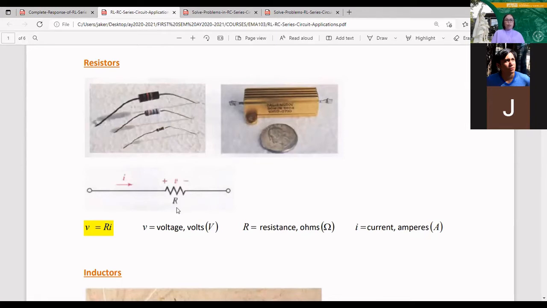There will be a corresponding voltage drop associated with the current passing through it, represented by the product of the resistance of your resistor in ohms and the current in amperes. So we write the ohms in this symbol, the current I in amperes, and the voltage V. The product Ri is our voltage drop across this resistor.